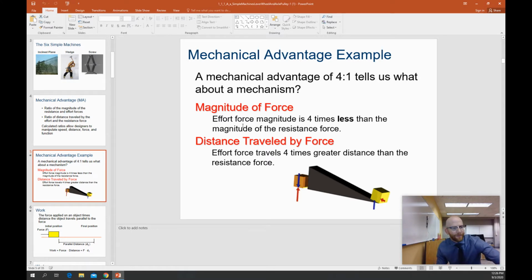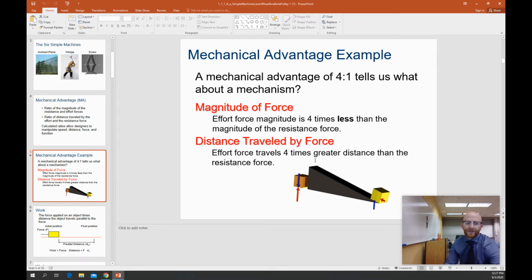So let's look at this example that they give with this inclined plane here. It has a mechanical advantage of 4-to-1. So when it says 4-to-1, what does that mean? Well, the yellow box here, ultimately the goal is to get the box up to the top of this ramp, whatever that distance may be.